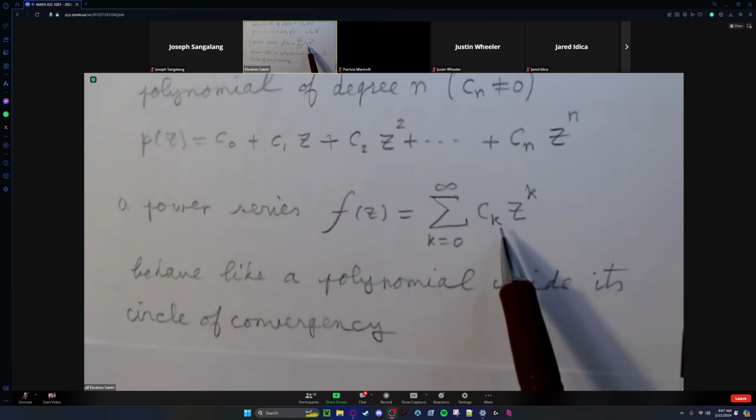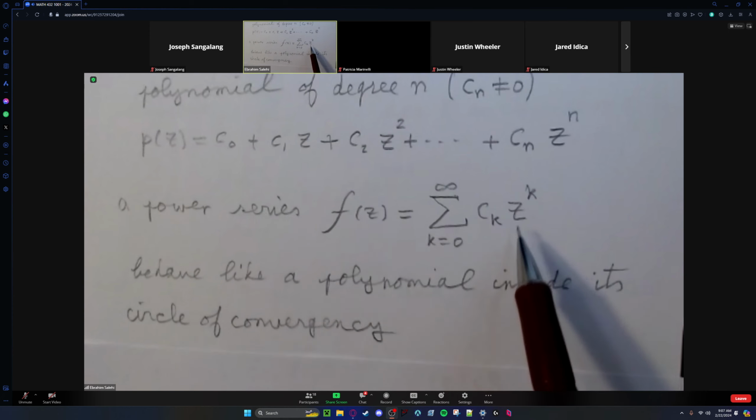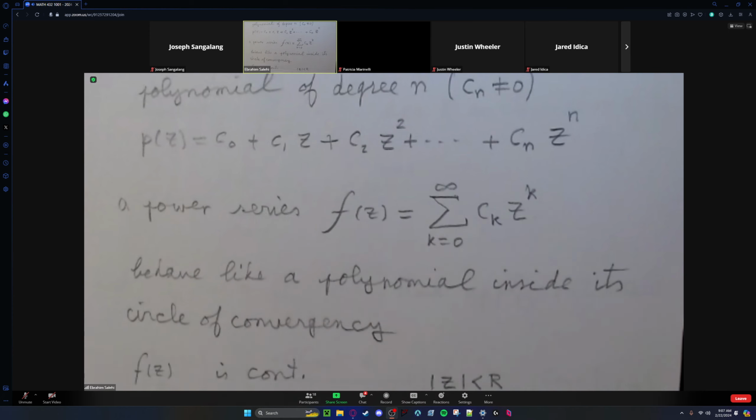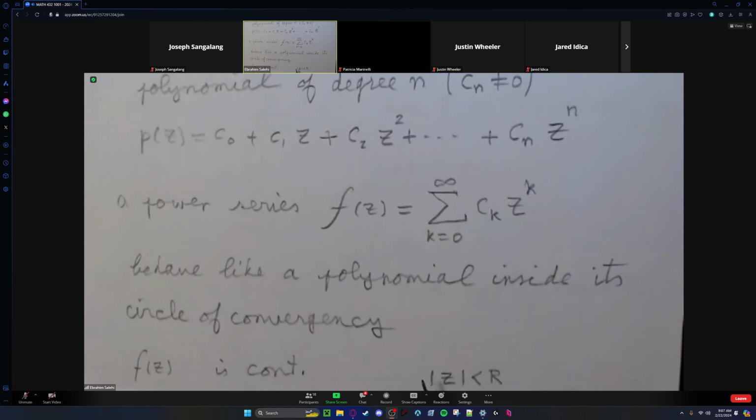Its integral will be integral of these terms, all right? And of course, inside the disk of convergence, it will be continuous, all right? Okay. So it is continuous.